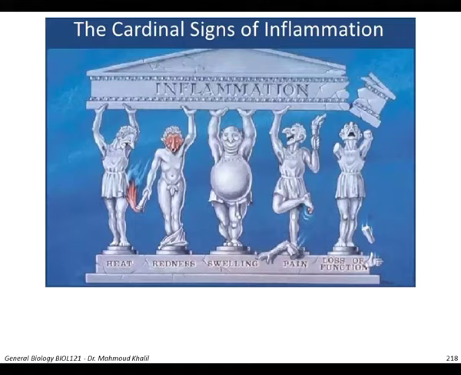So we can summarize the cardinal signs of inflammation. If you have, for example, a cut in your arm, the first thing you feel is the heat. Then you have redness. Why redness?